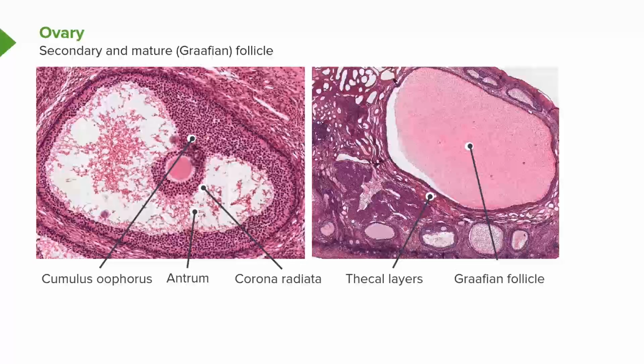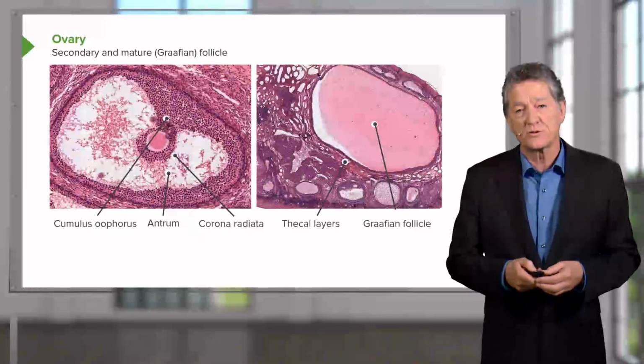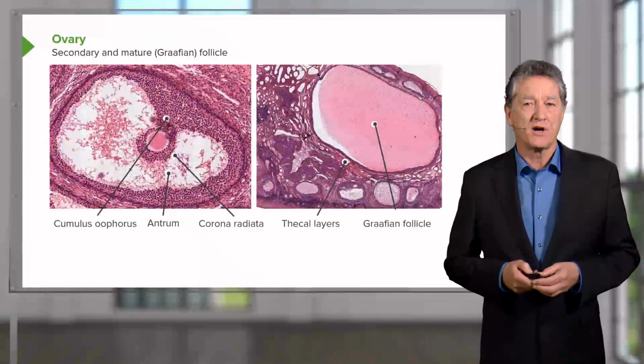They receive all their nutrients by diffusion from the theca interna into all the cells of the granulosa. But after ovulation, as we'll see, the theca interna, the very vascular layer you can see here quite prominently, will invade the developing corpus luteum and convert the corpus luteum into an endocrine organ.